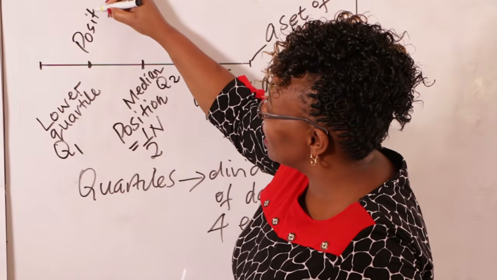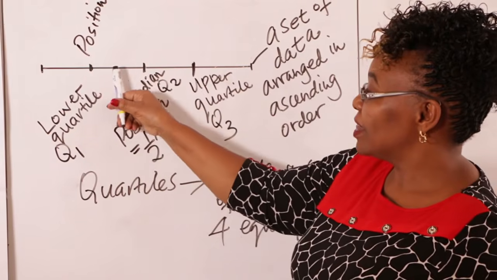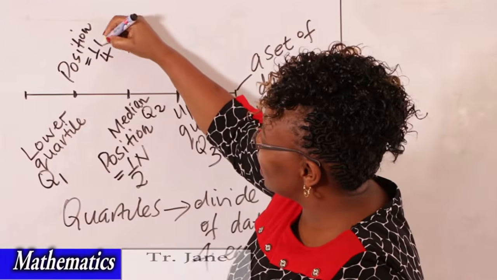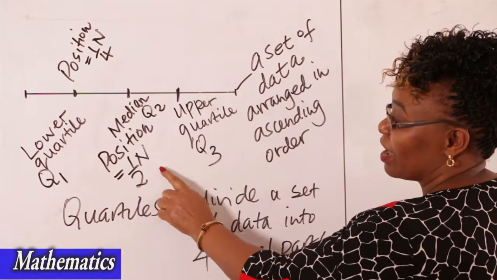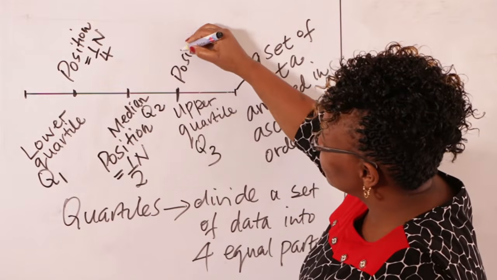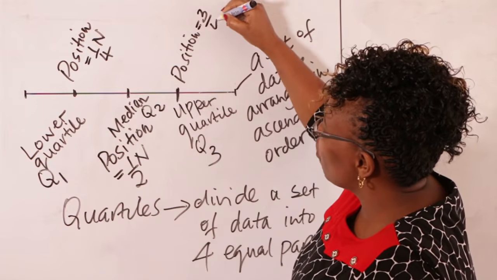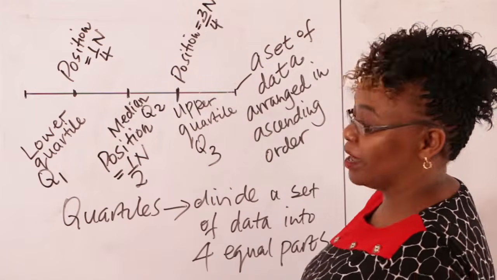If I may write here, the position of our Q1 is what? This is a half, therefore this is a quarter. So, a quarter of n. Okay? What is the position of our median? It is a half of n. What about the upper quartile? The position of this is 3 over 4, 3 quarters of n.